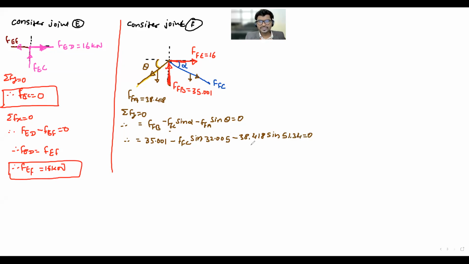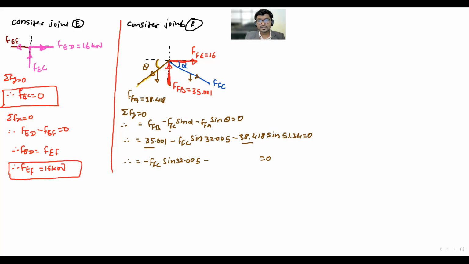Now do the calculations. This minus and this plus, how much? Minus FFC sine 32.005 equals to 0. 35 minus 38.418, how is it minus?